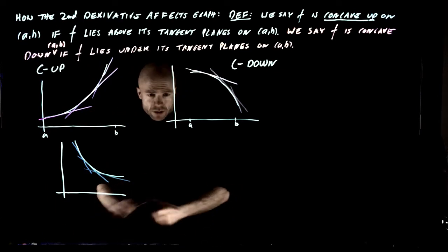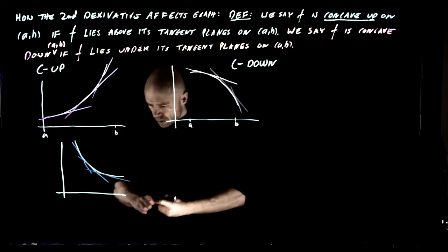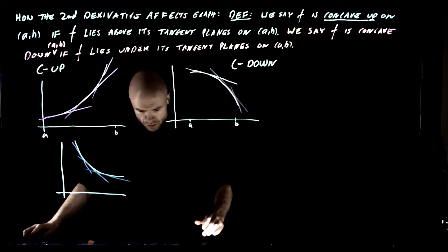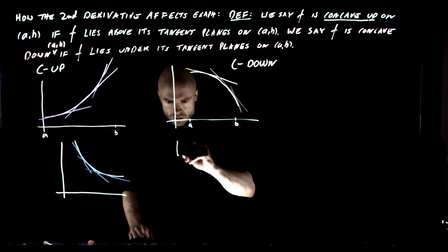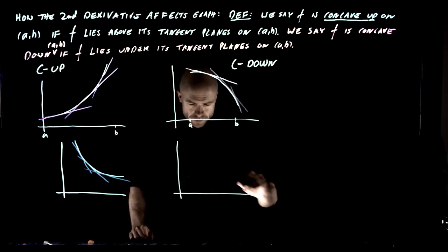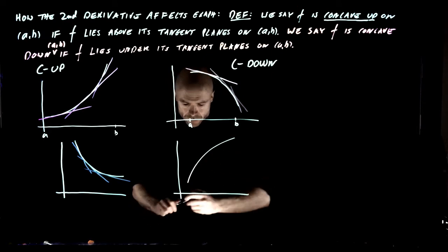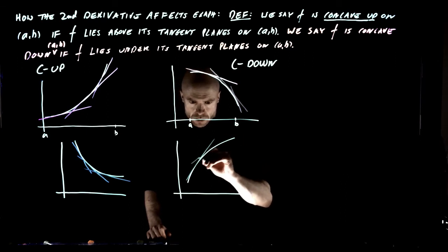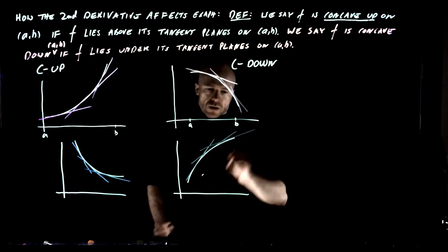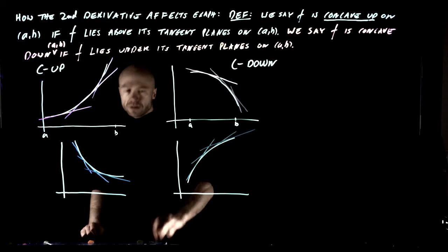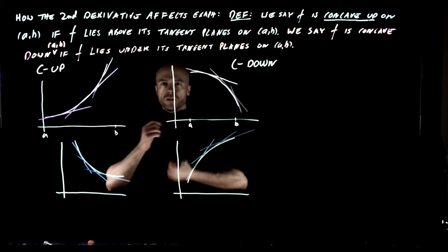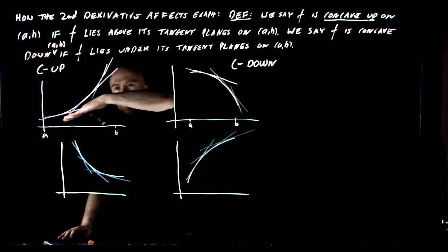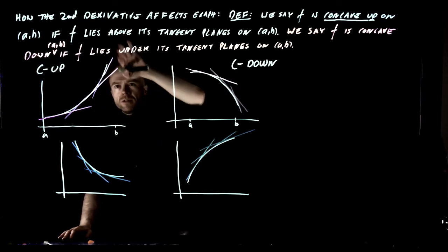And we can have graphs that are concave down, but increasing, like this. So being concave up or concave down has nothing to do with whether or not the function is increasing or decreasing, okay? It's about the way that the function curls away from its tangent line.